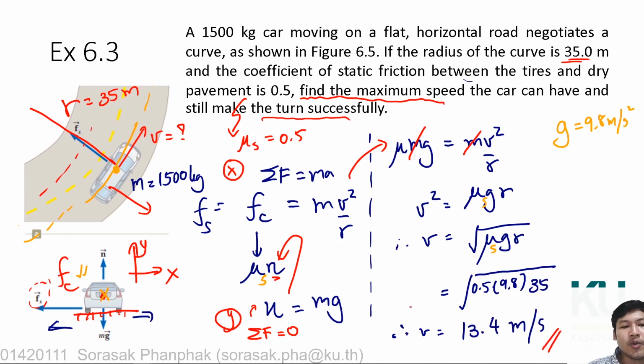This is the maximum velocity you can have to turn this corner successfully without any slip out. You don't want your car to skid out of the pavement. You want to make it stay on the road track.